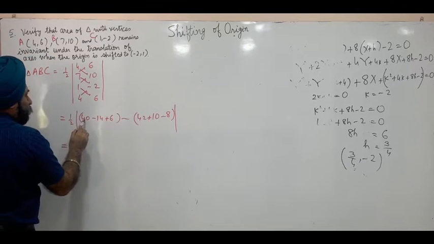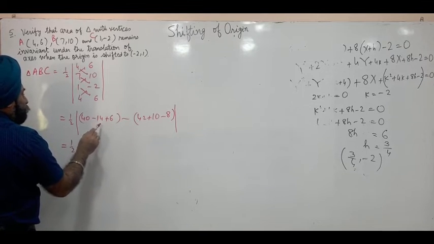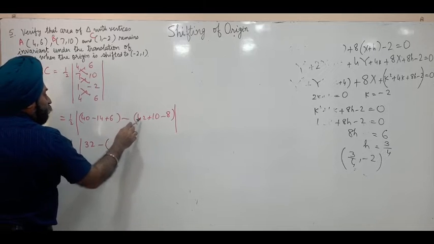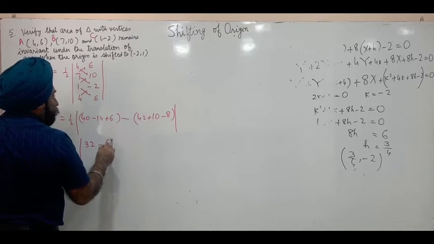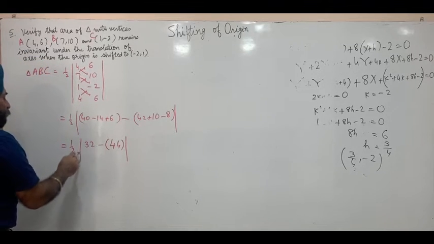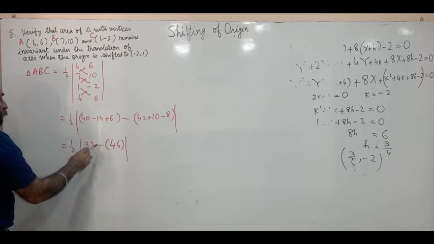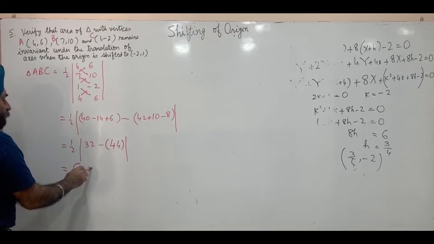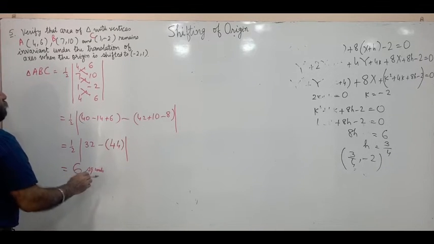This will be 46 minus 14, that's 32, 52 minus 8, this is 44. This is 12, half, so area is positive 6 square units.